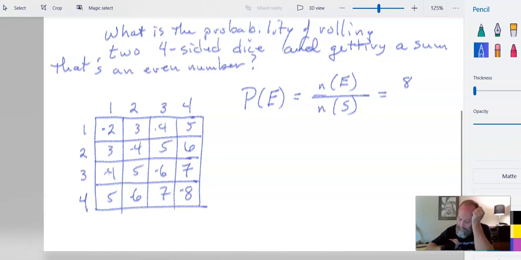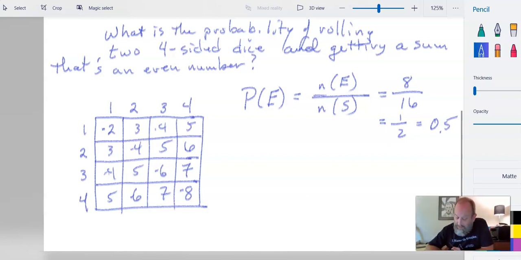So there are 8 different ways to roll an even sum. Okay, and then now we need the total number of ways that the dice could roll. Period. So that means everything included. And if you count these up, you can see there's 16 boxes here. So it's 8 out of 16, which means the sum being even has a 1/2 or 0.5 probability of occurring, right?